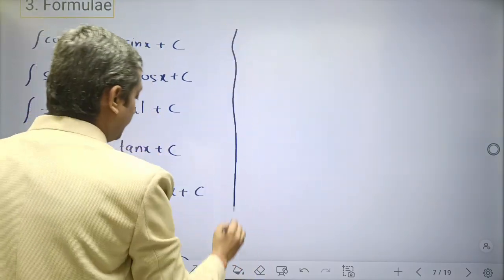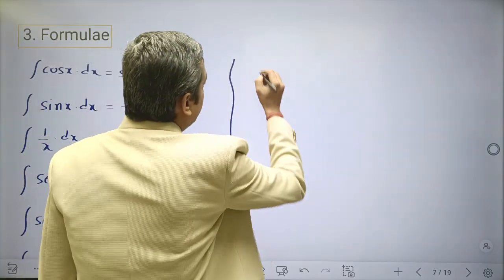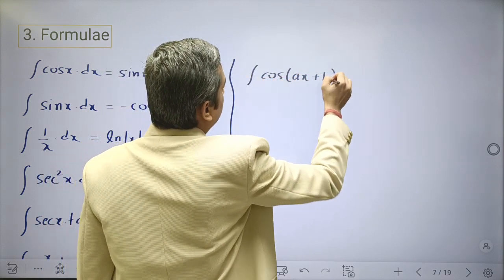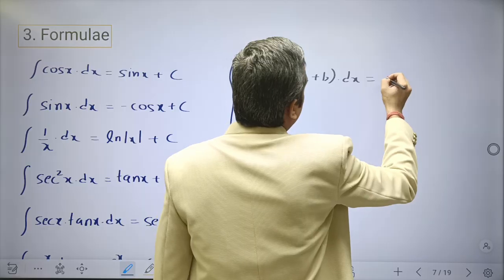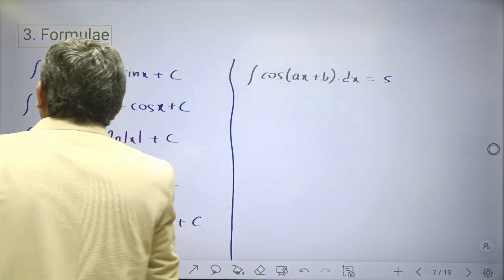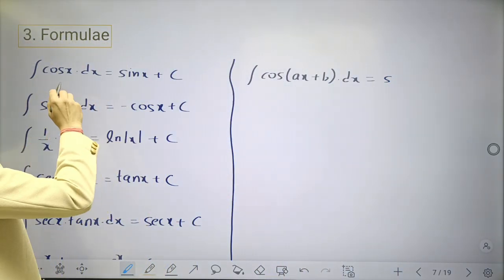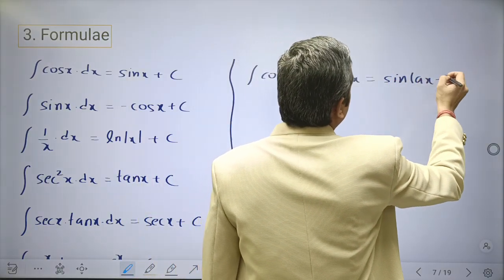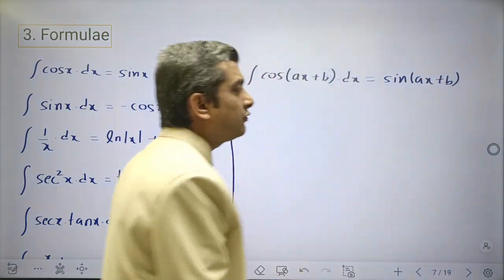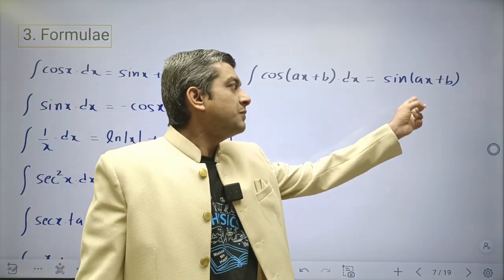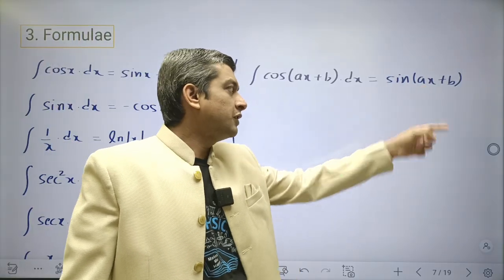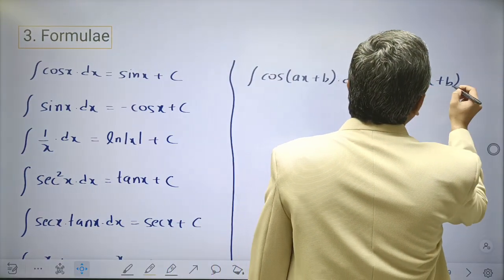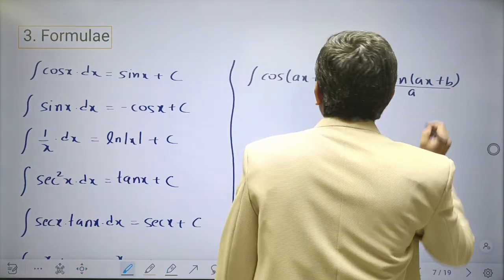Now what happens, dear students? Suppose I write cos of ax plus b. This will definitely be a cos function. If I integrate the cos function, it is converted into a sine function, so here that is sine of ax plus b. If it were differentiation, then we would multiply by this a with the result, but this is integration, and integration is the inverse of differentiation, so we divide this result by a.